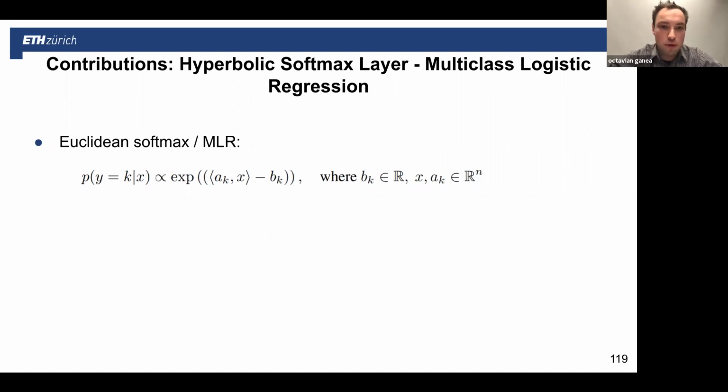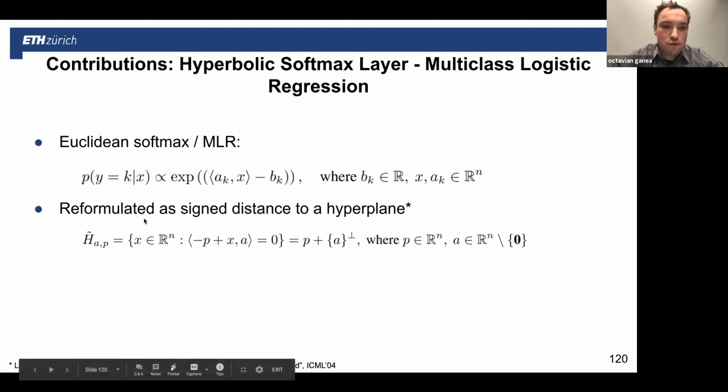This is actually equivalent to learning a vector a_k for each of the K classes, taking a dot product with X, which gives us a real value, adding a bias b_k, and then this is the final value of the logit for this specific class. By gathering all the K logits, we just apply a softmax function on top of it. So this is equivalent, as I said, to the standard softmax layer as you know it.